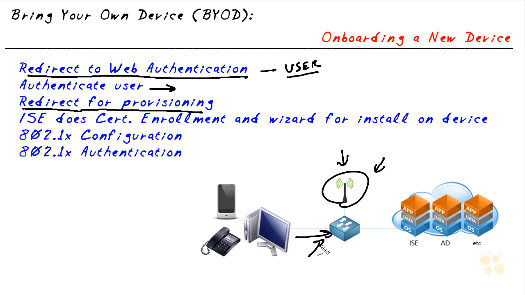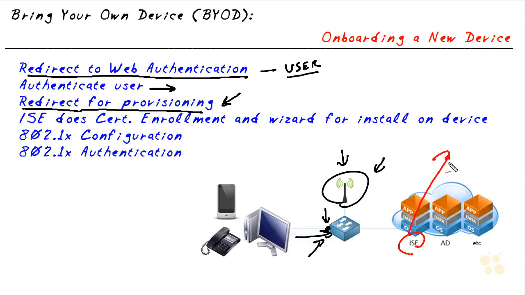And on a wired network, we'd simply use an authorization profile for the port that would redirect that computer for provisioning. And for the details regarding configuring redirection for the benefit of provisioning, I'd refer you to the nugget titled Provisioning NAC Agents from ICE, because the redirection for that provisioning is the same concept.